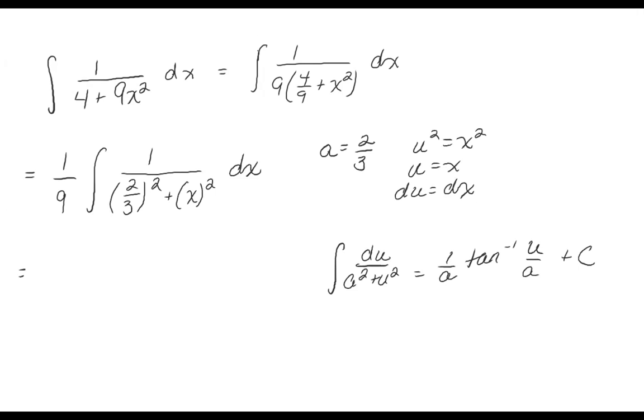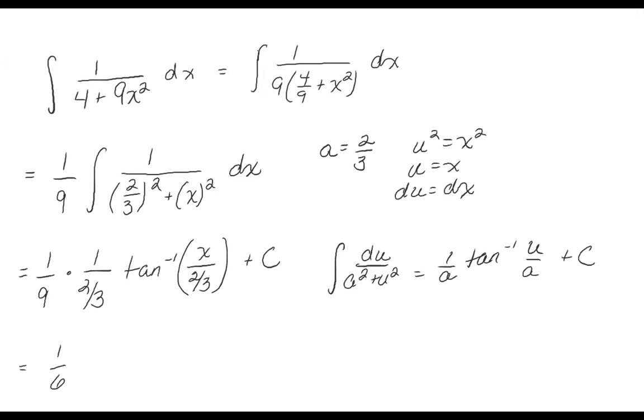So 1/9 times 1 over a, 1 over 2/3, tangent inverse u over a, x over 2/3, plus c. And if we simplify everything, we get 1/6 tangent inverse 3x over 2.